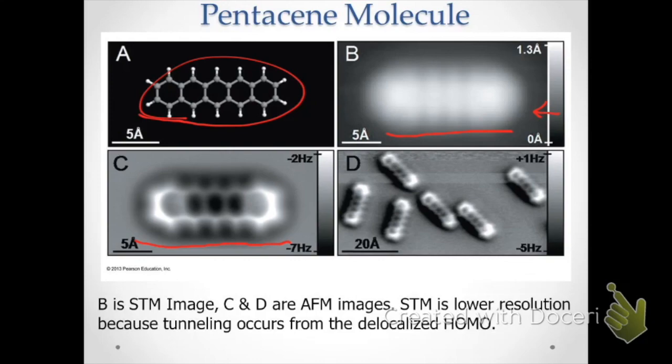You can see the quote-unquote bonds, which are based on, of course, electron density. And again, this is all based on van der Waals interactions, but we actually get a very nice image of these molecules. And this D here shows several of these molecules that are on the surface of the material as the AFM is scanning over it.